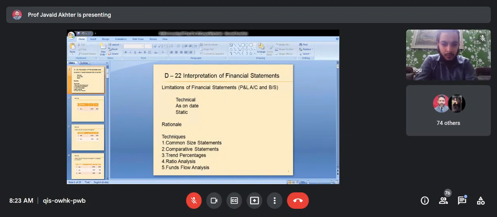A very simple example: your debtors were 10,000 and you considered them as creditors, and your creditors were also 10,000 but you considered them as debtors. Will it mathematically affect the balance sheet? No, sir, it won't. But there will be an error, isn't it?